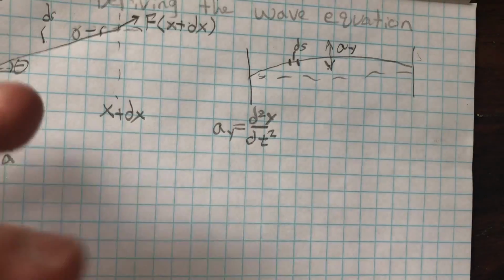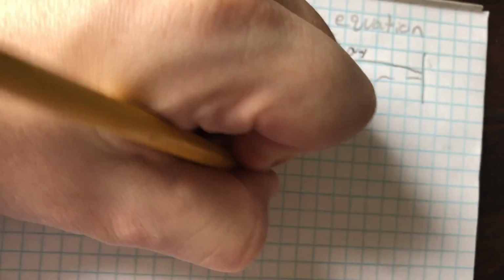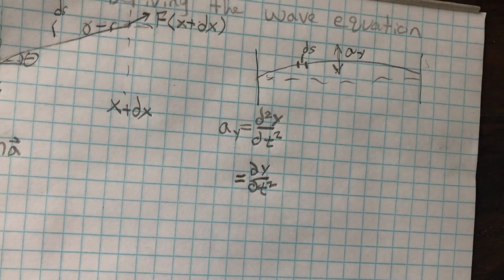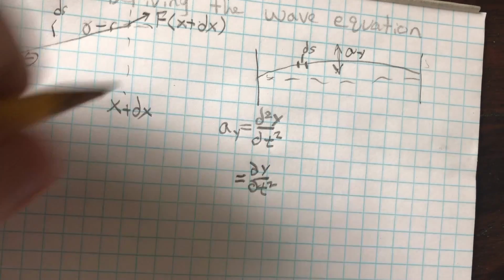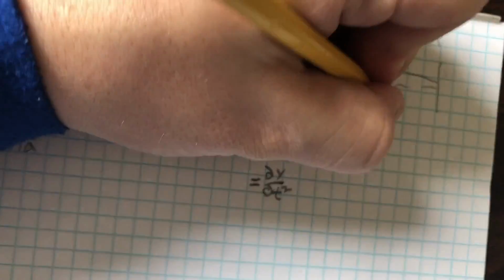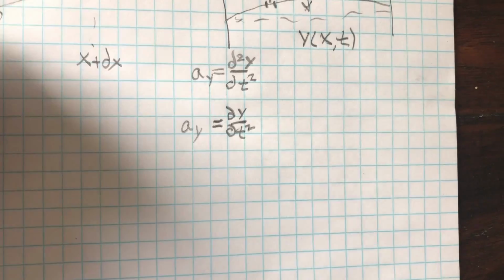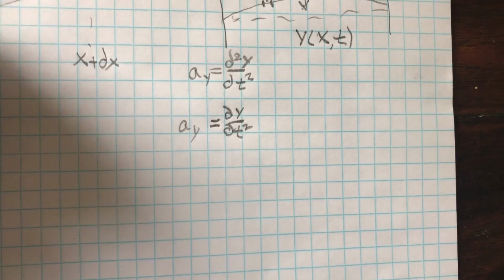But this can't just be a straight d, it must be partial, because we're going to have a function, y will be a function of x and t. So now that we've established that, let's continue on with F equals ma.